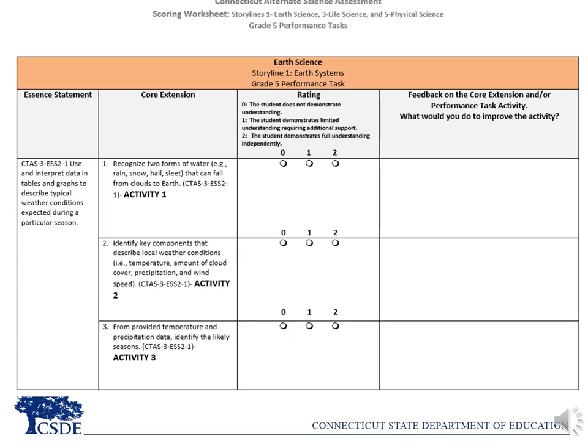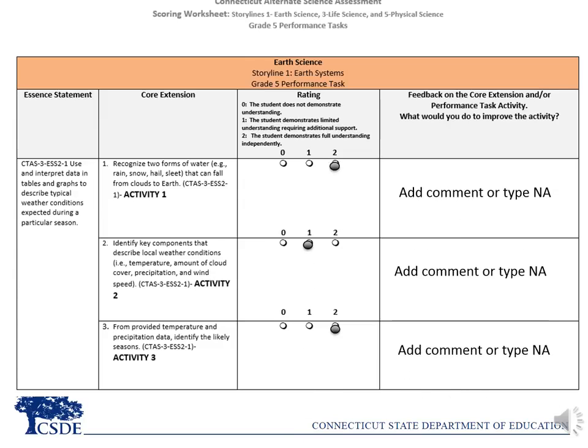As you administer each performance task, use the Student Rating Score worksheet to record the student ratings for each activity aligned to a single core extension. Record each rating score of 0, 1, or 2 points for each activity and its corresponding core extension.